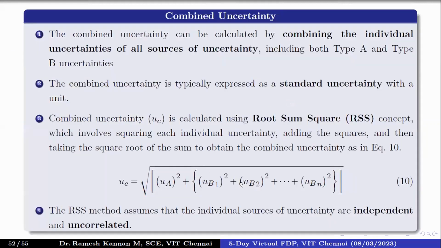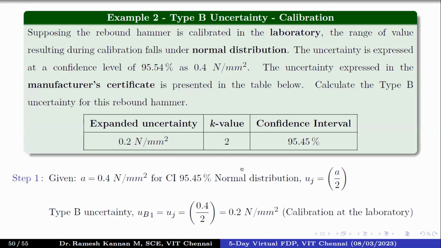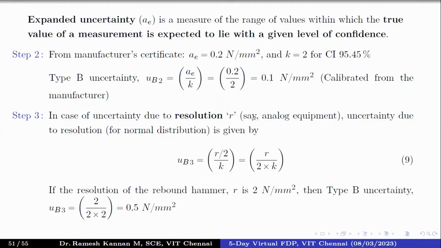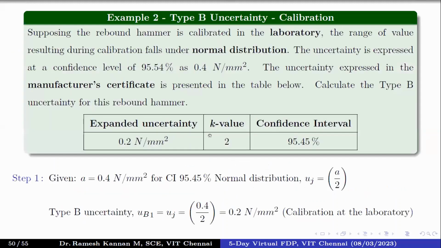Any one. Similarly, you may have n numbers of type B uncertainties, and remember that each of these must be independent and uncorrelated. If you take this and this, both of them talk about the same uncertainty and k value, but that is not what we're going to do.